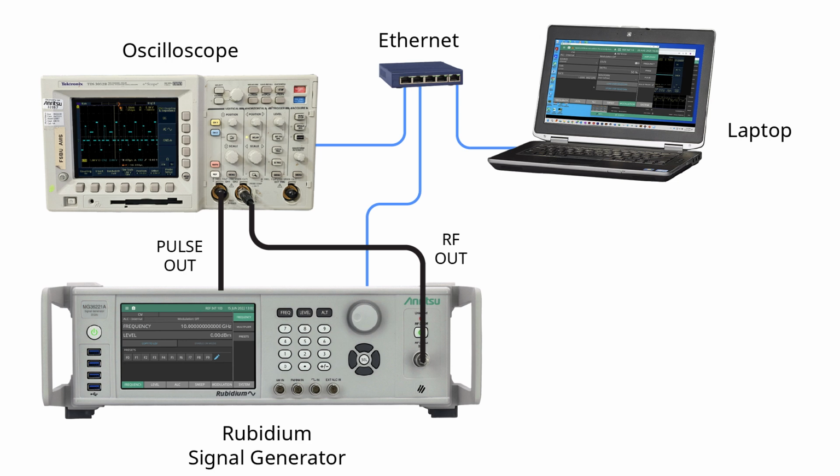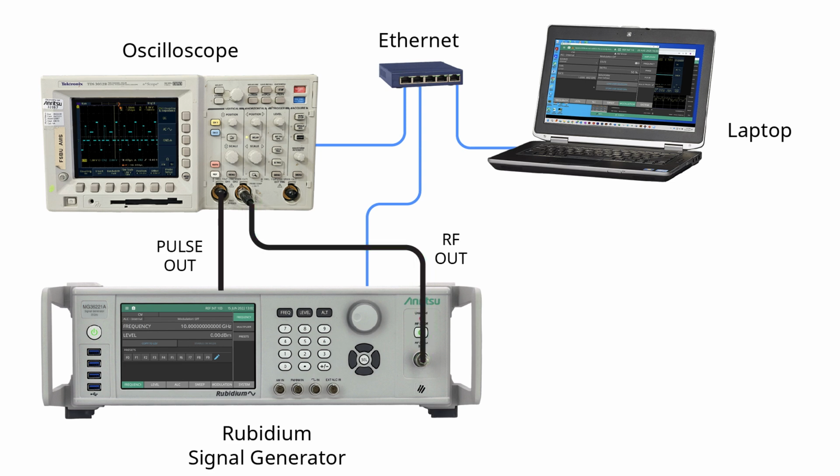Now the only change I have done in my setup is because my oscilloscope also has another limitation, which is it can only accept two inputs. It's a two-channel oscilloscope. So if I want to see the chirp in time domain, I have to connect the RF output of Rubidium to the other channel.